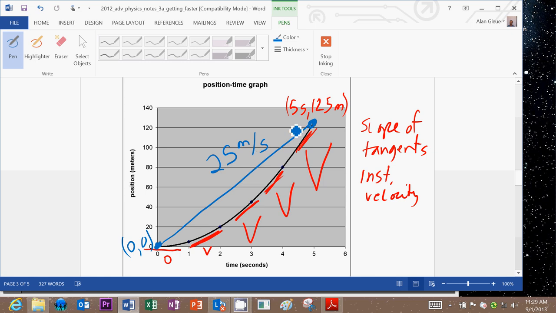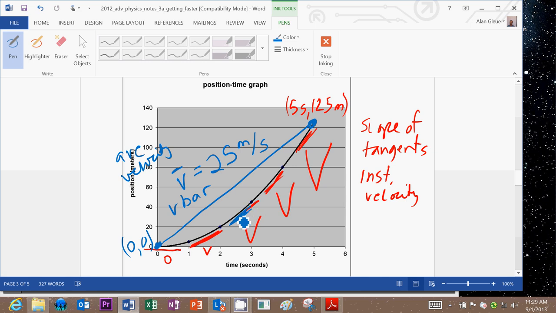Whenever we take two endpoints on a position time graph and get the slope, that would be our average velocity, and that's given the symbol V bar. Now, was the car going at that average speed?